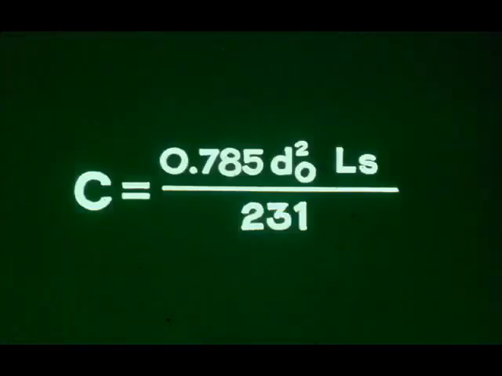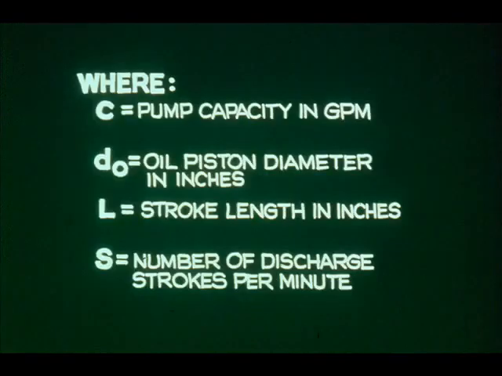You can calculate pump capacity by the formula C = 0.785 × D_O² × L × S / 231, where C equals pump capacity in gallons per minute, D_O equals oil piston diameter in inches, L equals stroke length in inches, and S equals number of discharge strokes per minute.